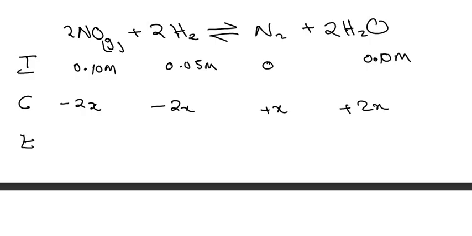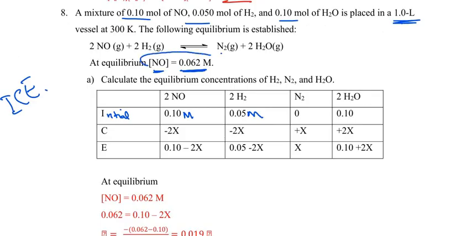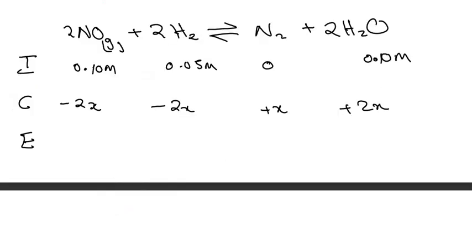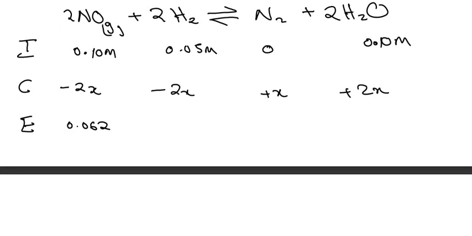Then at equilibrium, the only thing we are told is that at equilibrium nitrogen monoxide, in the question they say, at equilibrium it's 0.062. So meaning nitrogen monoxide, this is 0.062. There is nothing else that has been given to us. So we're going to use this first column here to say 0.1 minus 2x should have given us 0.062.